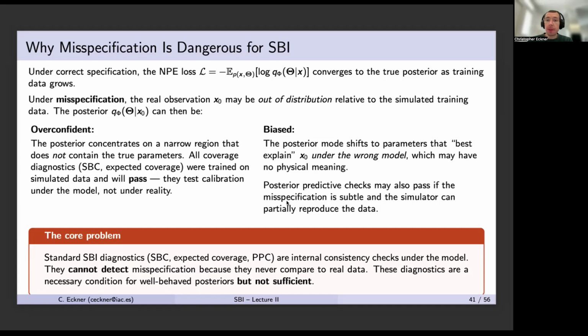On the other side, you could also be biased because of missing components in your simulator that are there in reality, missing nuisance effects that might be present in reality. Your inferred values for the parameters are shifted constantly and systematically across the full parameter space, and you get simply a wrong prediction for your parameters.